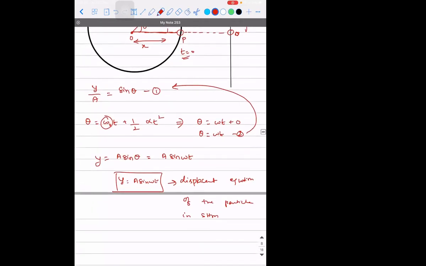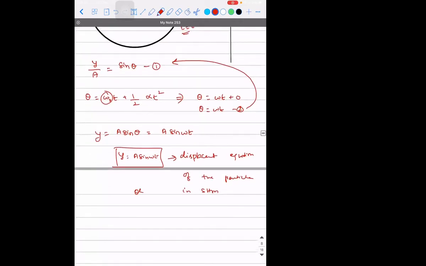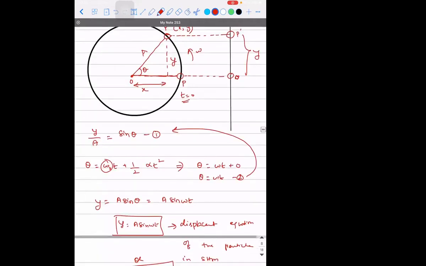So y is equal to A sine omega t, or x is equal to A cos omega t. A cos omega t you will also get by using x by A is equal to cos theta. Here A is the amplitude.